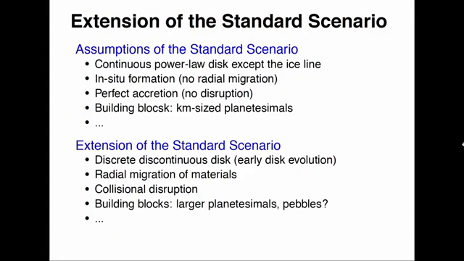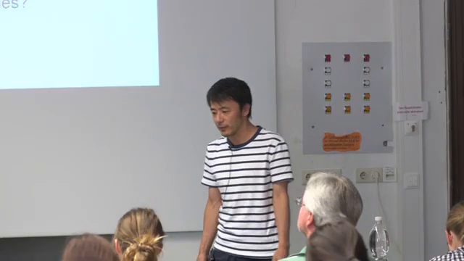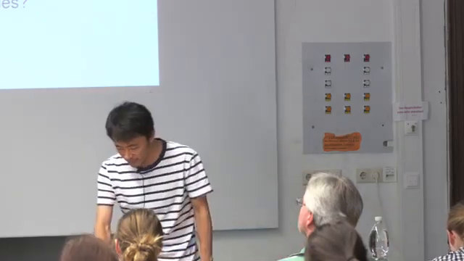And some people gave up forming planetesimals and instead use small pebbles as the main planet building material. In these ways, the standard scenario is modified and extended today.